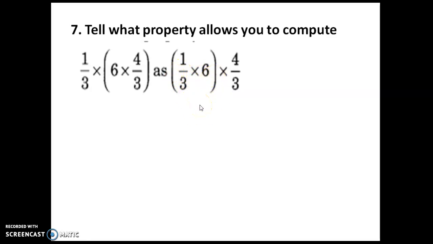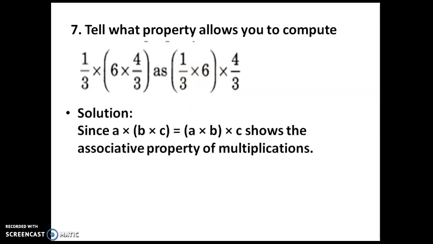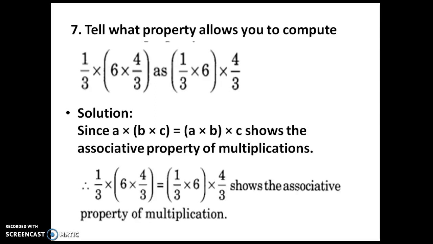Which property allows this? Associative property of multiplication. That only allows this. For addition and multiplication, the associative property holds true. That's why we can change the bracket. So that's the property which allows us to do the multiplication.